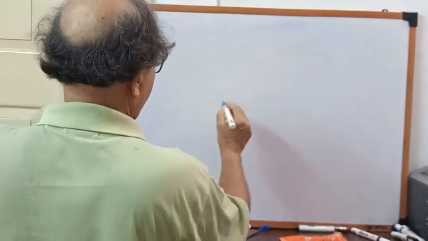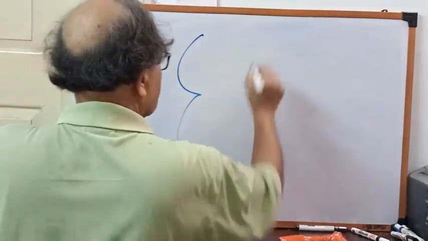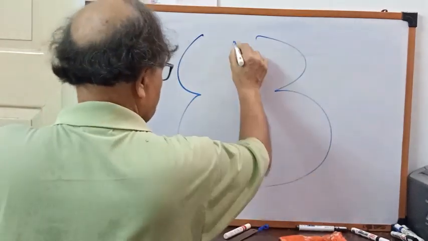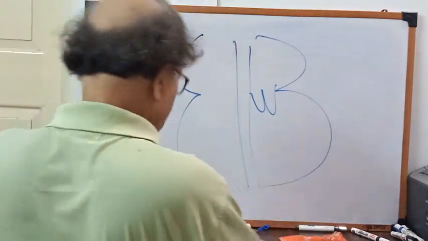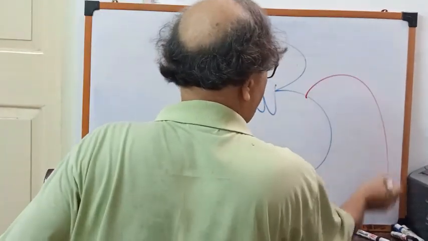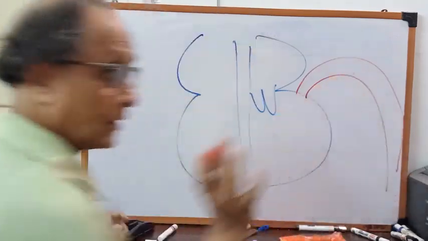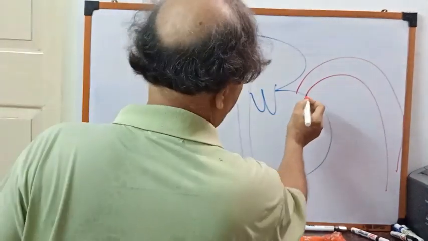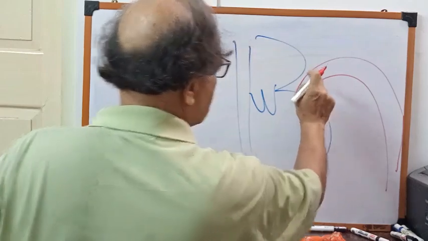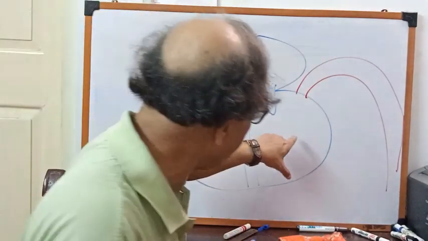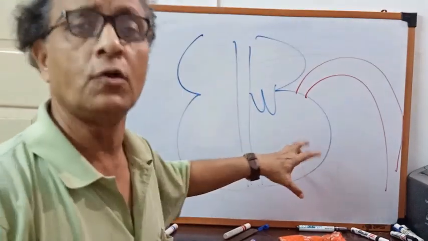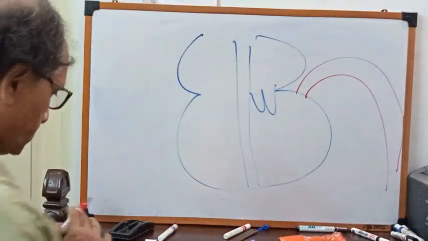Suppose we are thinking about the aorta only, say the left ventricle. So here is afterload. That means the aortic pressure is the afterload, which a ventricular contraction must overcome in order to eject.